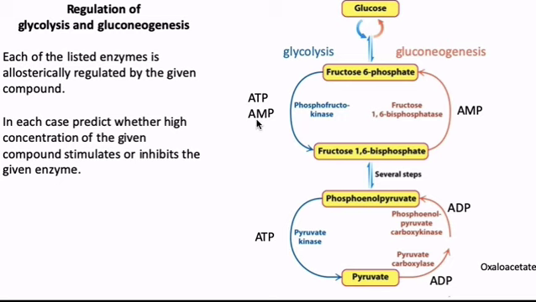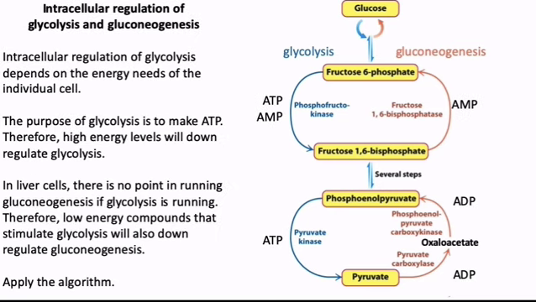The same for AMP, the same for ATP's effect on pyruvate kinase, ADP activity on phosphoenolpyruvate carboxykinase and on pyruvate carboxylase activity, and the effect of AMP allosterically regulating fructose 1,6-bisphosphatase activity. Spend a couple minutes thinking about this. If you figure it out, you're going to be in good shape for when we get to diabetes. But if you're finding yourself getting bogged down, on the next slide I have some clues.